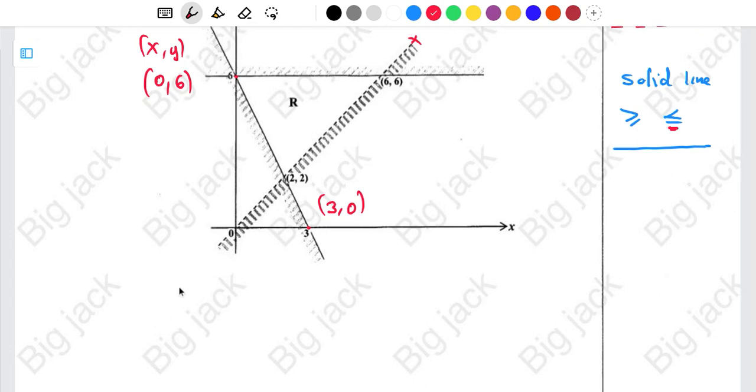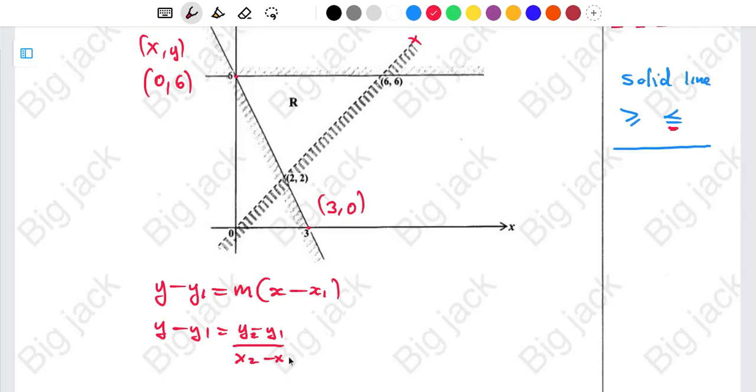So we have y minus y1, which is equal to the gradient, open bracket, x minus x1. Since we know that gradient is the same as y2 minus y1 divided by x2 minus x1. So you can put that one.